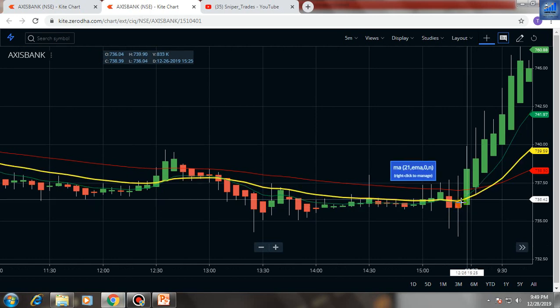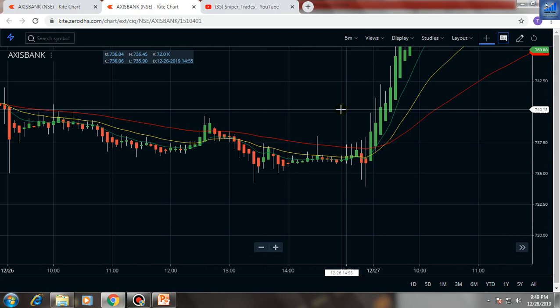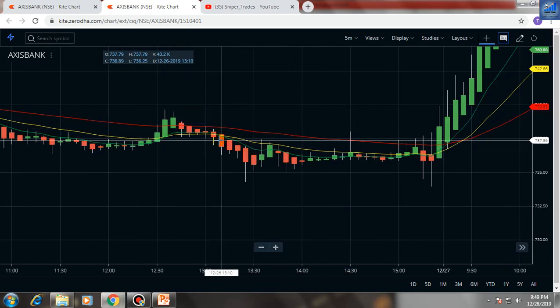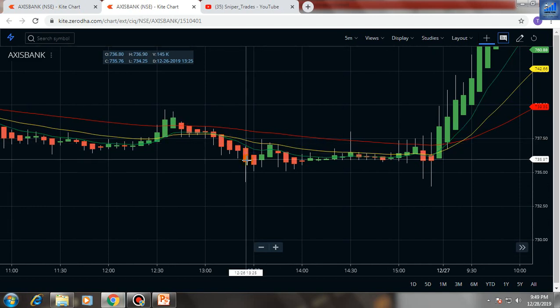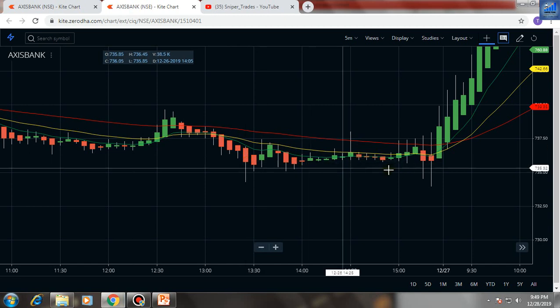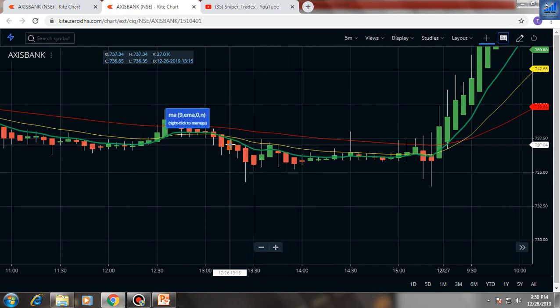We can see that the short time trend has again changed at this level, so it has given us enough opportunity here. If we are taking a position at around the 737.07 level, it has made a low of 734.25, and again at this level it has made a low of 733.955.